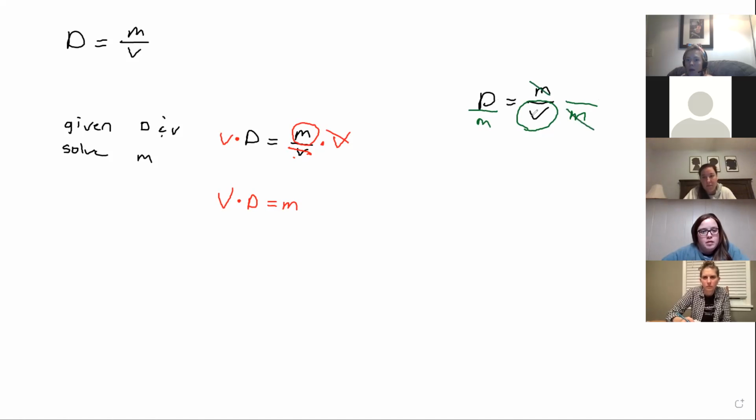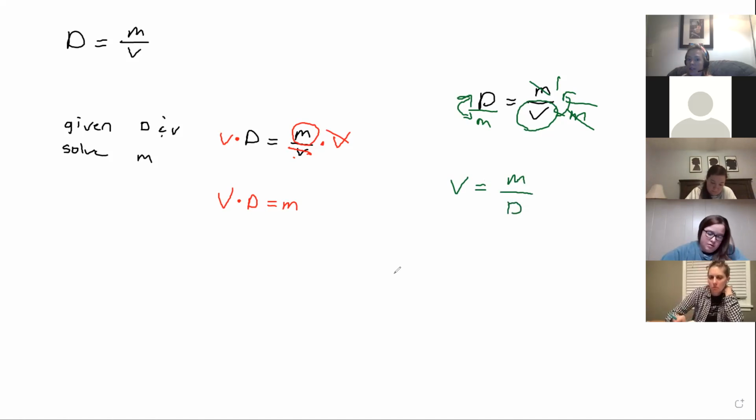Masses cancel. But look at where volume is. It's below the fraction bar. So a lot of times students will write, okay, so volume equals density divided by mass. No, 1 over volume equals density divided by mass. So I then need to flip these and flip these, or volume will actually equal mass over density.